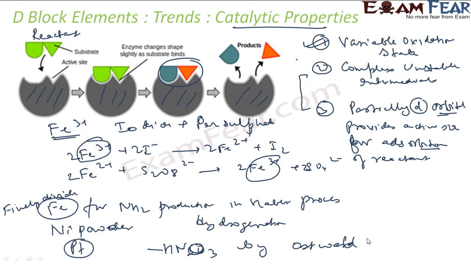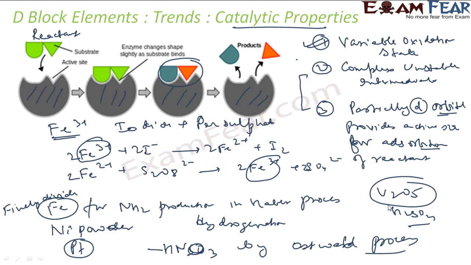There are so many examples. V2O5, vanadium pentoxide, is also used to manufacture sulfuric acid, where vanadium pentoxide is my catalyst.